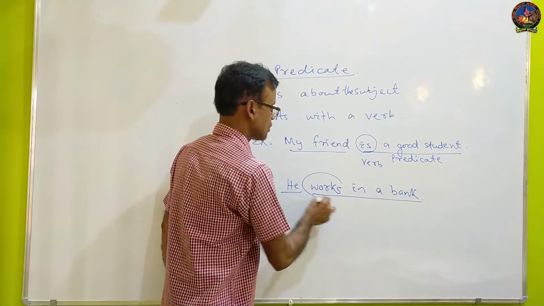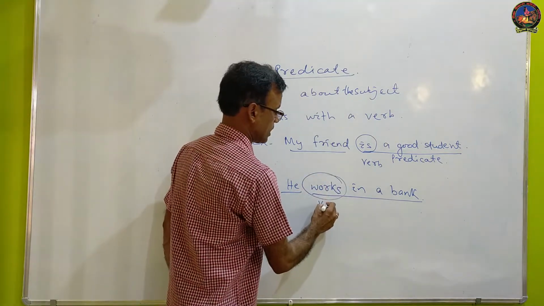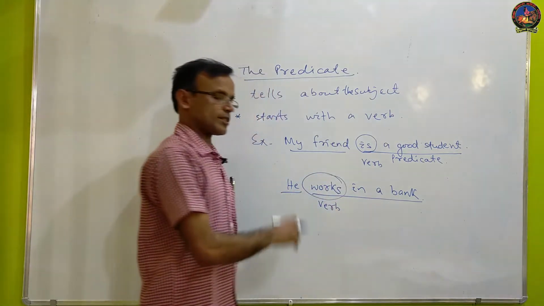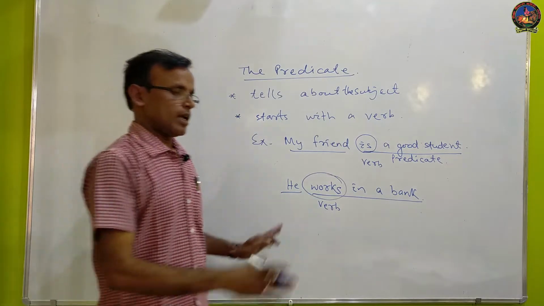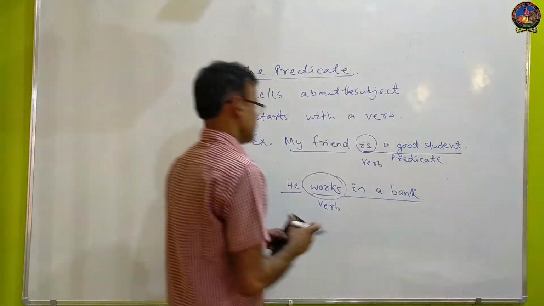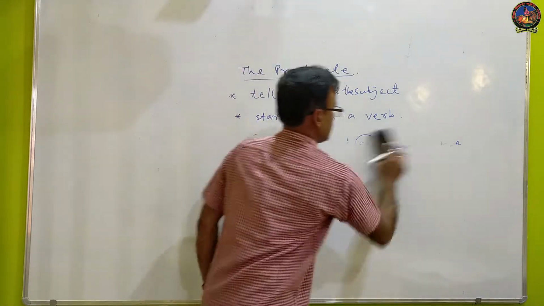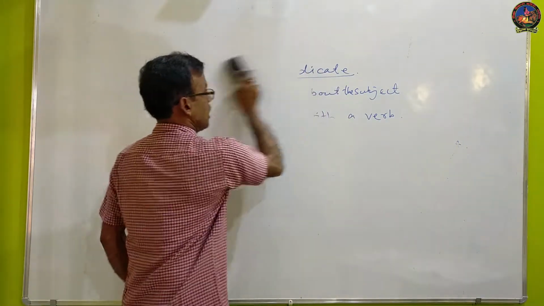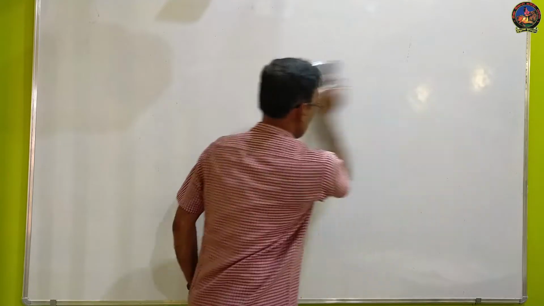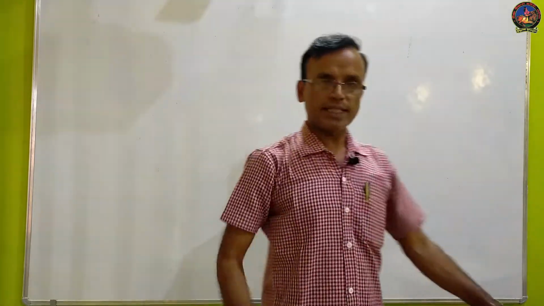The predicate starts with the verb works. These are the points about the two main parts of a sentence.